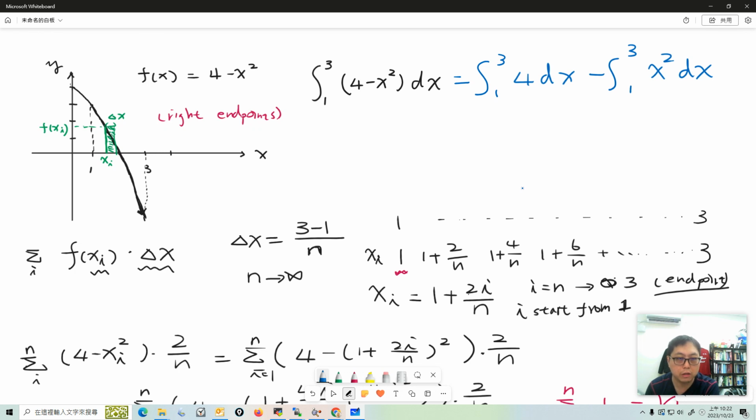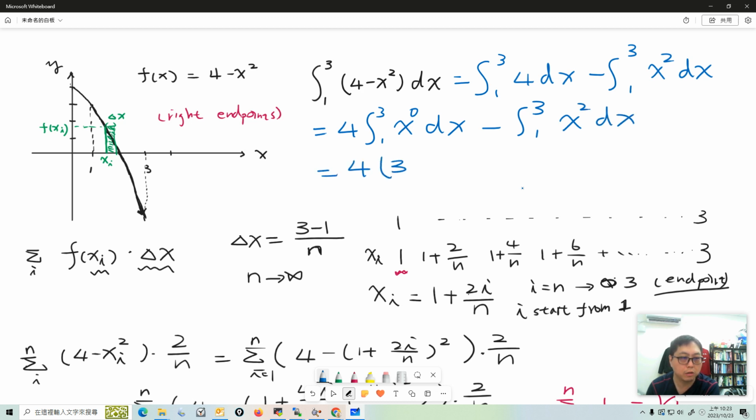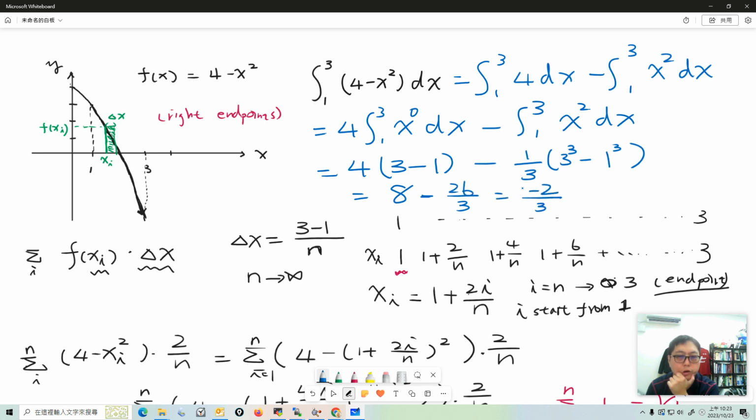So the constant integrates to 2x, as I showed last time, minus 1 over 3 x cubed. Evaluating from 1 to 3, the answer is 4 minus 26 over 9, so it's minus 2 over 3.